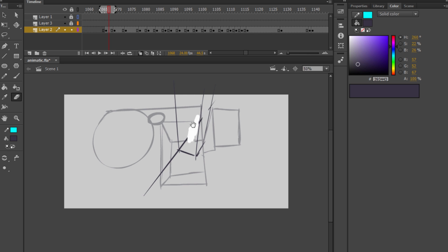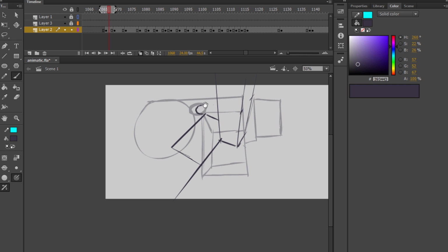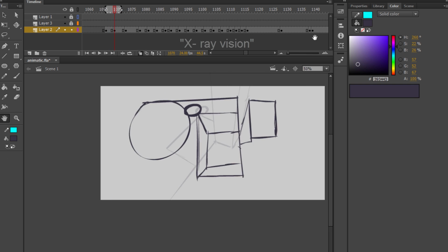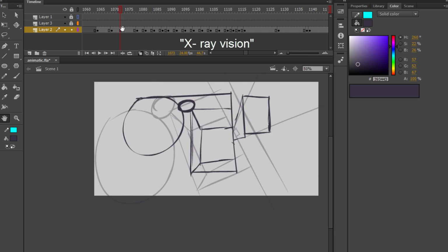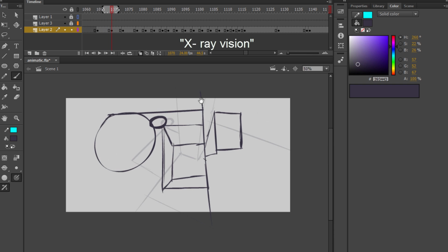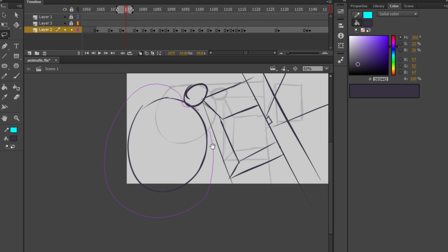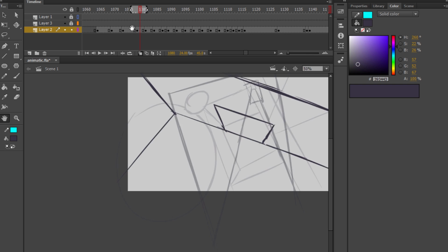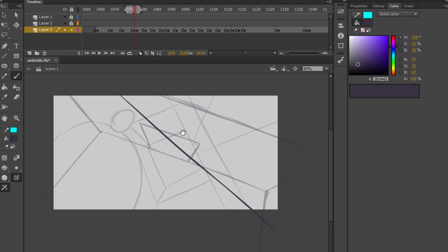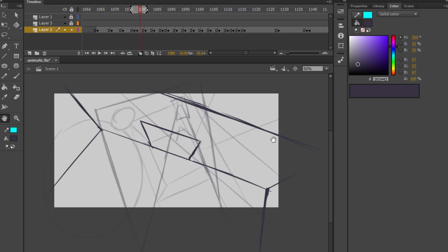Another thing that I sometimes do is draw the lines that would be behind the structure that you're drawing. So as if it's a wireframe mesh in a 3D program like Maya or something, just pretend it is. And then after you have got the structure drawn, you can then erase the lines that would be covered by the surface of whatever you're drawing.